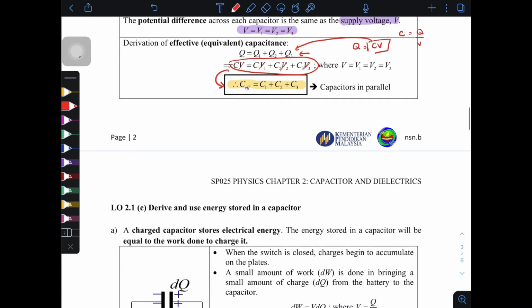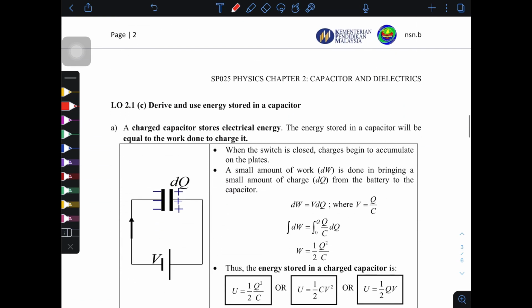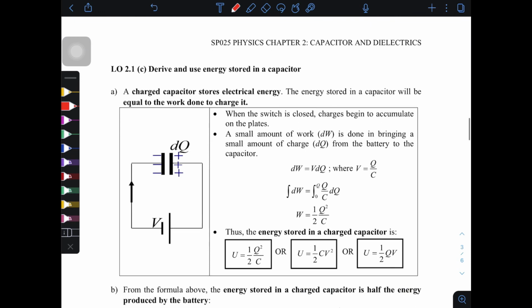Right? So the third learning objective for today ialah 2.1c. We have to derive and use stored energy in a capacitor. Ini di muka surat 7 nota kamu. Okay. We need to know how to derive and use energy stored in a capacitor. Sebab fungsi capacitor ialah store charge.